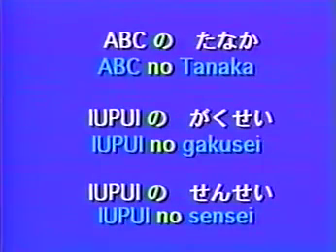And ABC の田中 means I am Tanaka with ABC. So if I said IUPUI の Yonogi, this means I am Yonogi with IUPUI. And IUPUI の学生 means IUPUI student. Well, or I'm a student at IUPUI. And IUPUI の先生 means teacher at IUPUI.